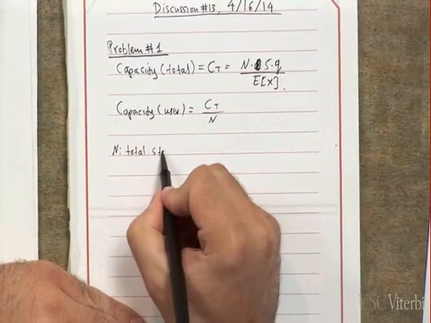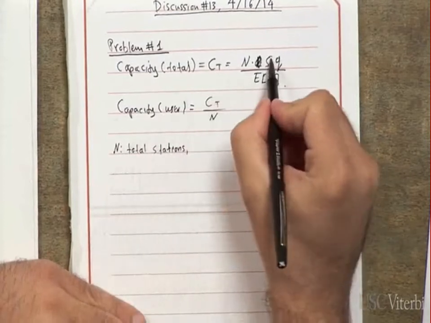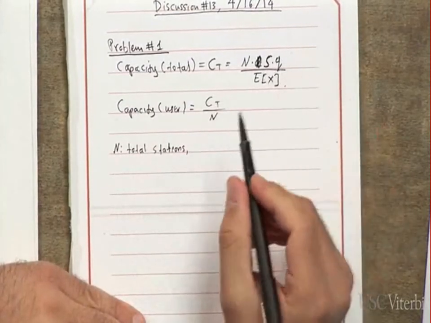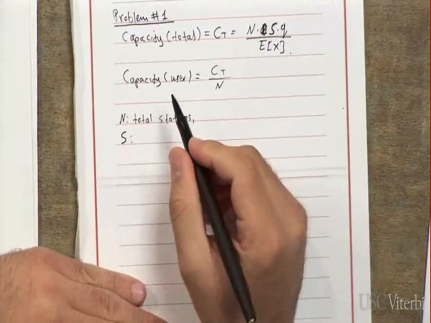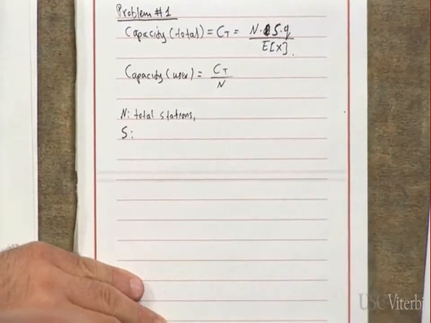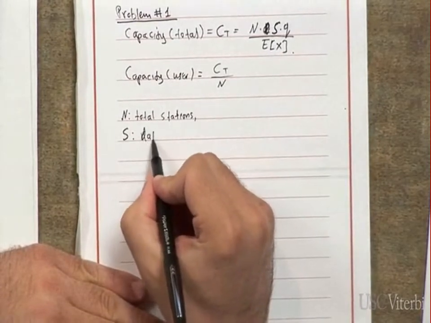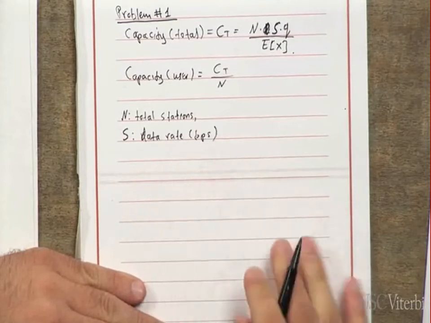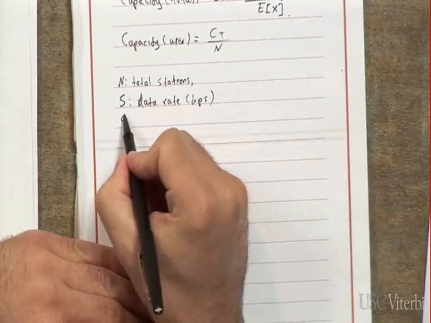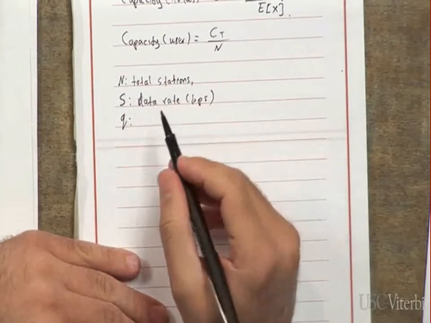Now over here, N is the total number of stations, this is not 5, this is S. S is the data rate, in bits per second. And Q is the number of wavelengths per station.